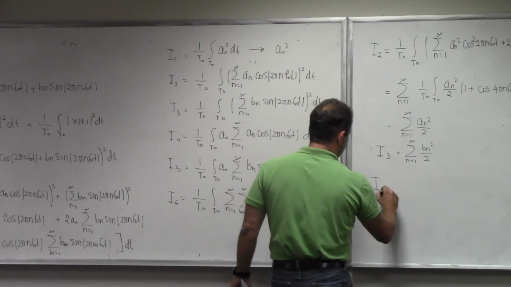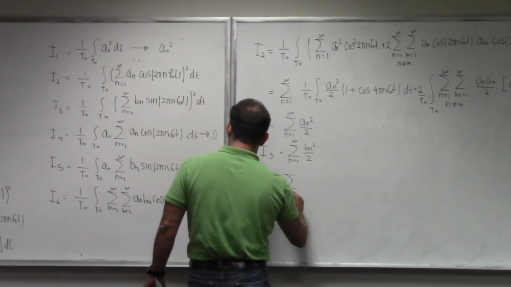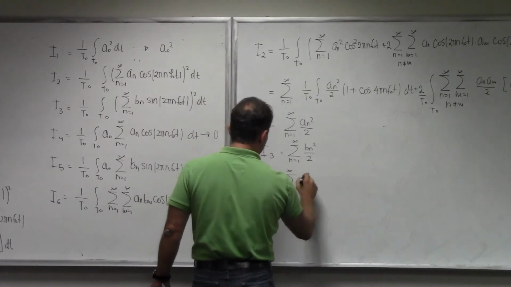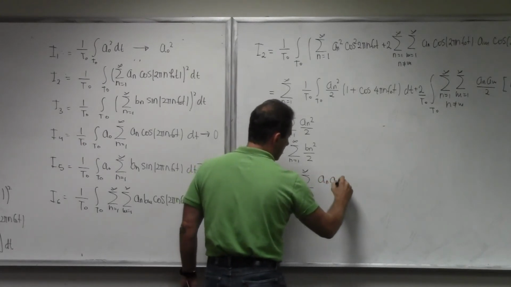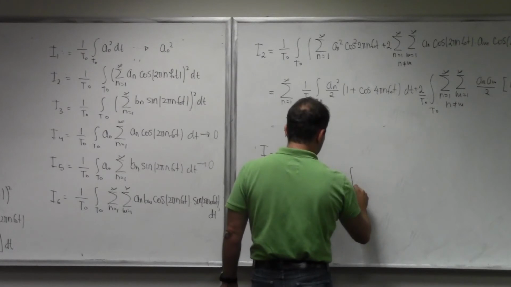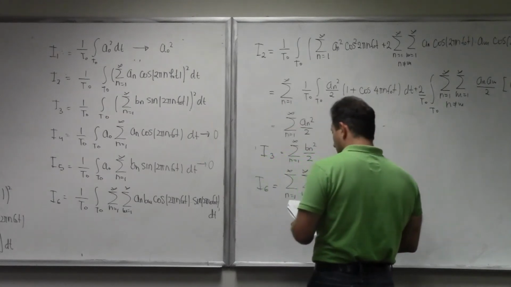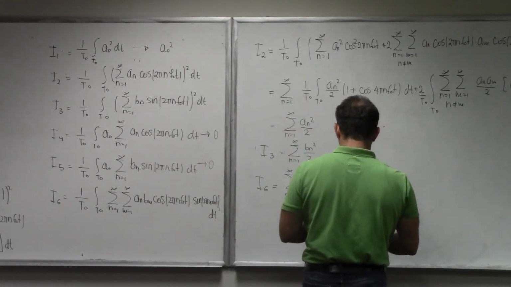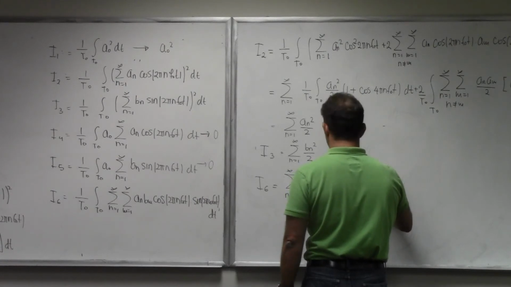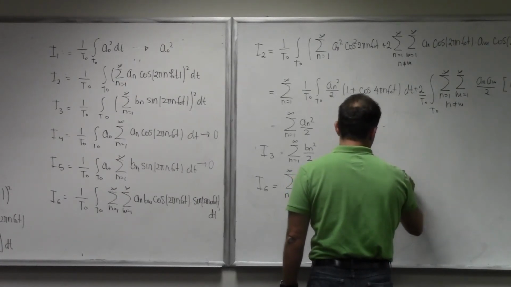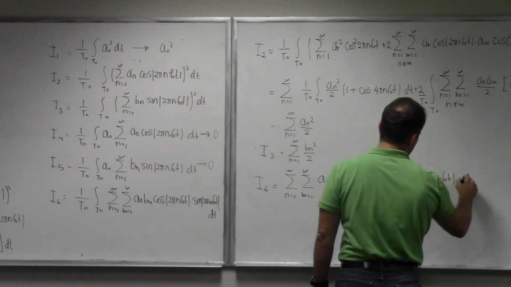Last one is I6 is equal to 1 over, let me just write it this way, sum when n goes from 1 through infinity, sum when m goes from 1 through infinity, an bm, and then integral of 1 over t0, integral over t0, and then cosine 2 pi n f0 t times sine 2 pi m f0 t.